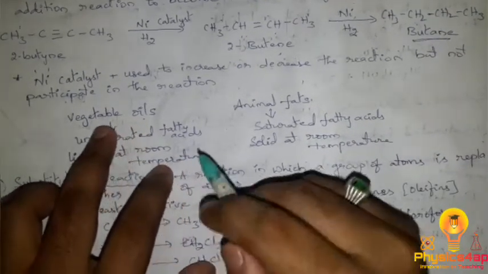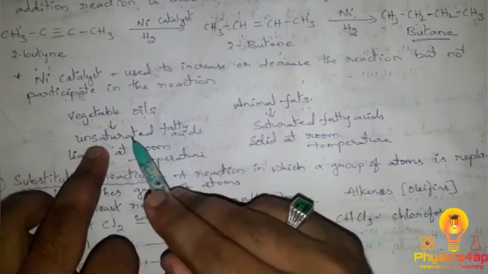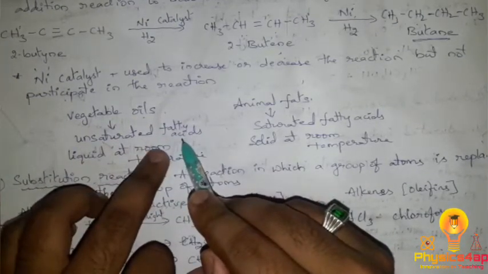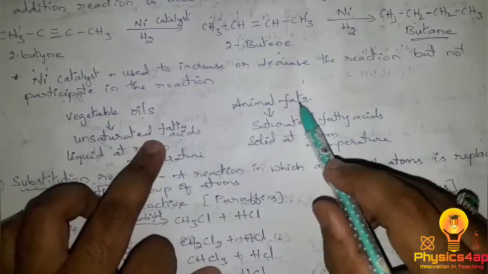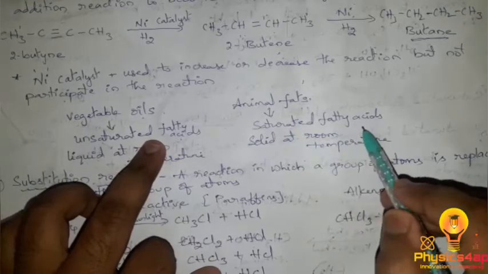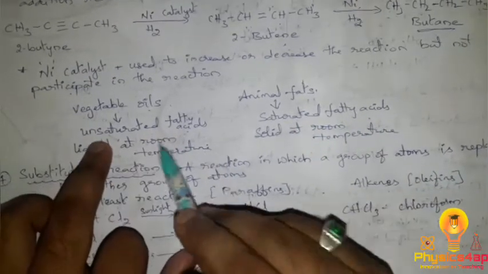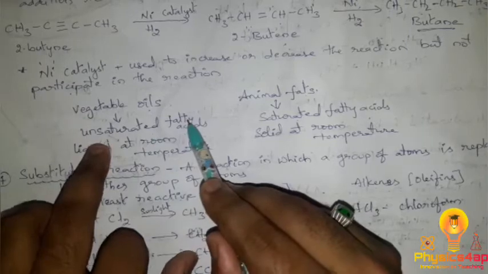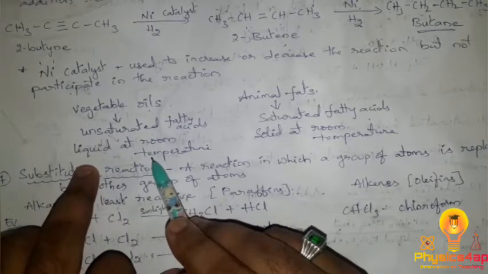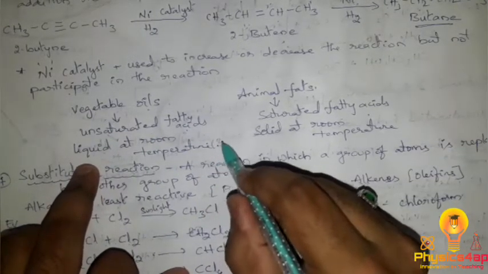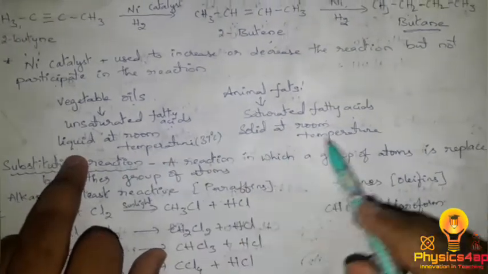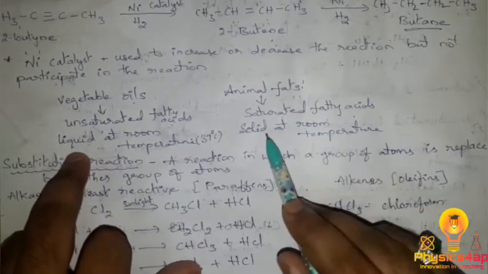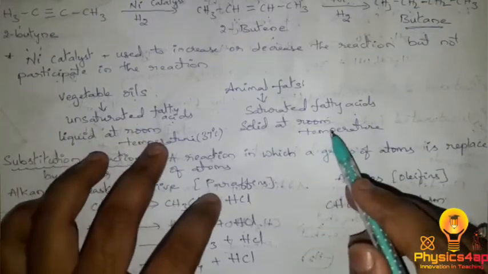All the vegetable oils are called unsaturated fatty acids, and all animal fats are called saturated fatty acids. The unsaturated fatty acids are liquid at room temperature, that is 37 degrees centigrade. But the saturated fatty acids are all solid at room temperature.